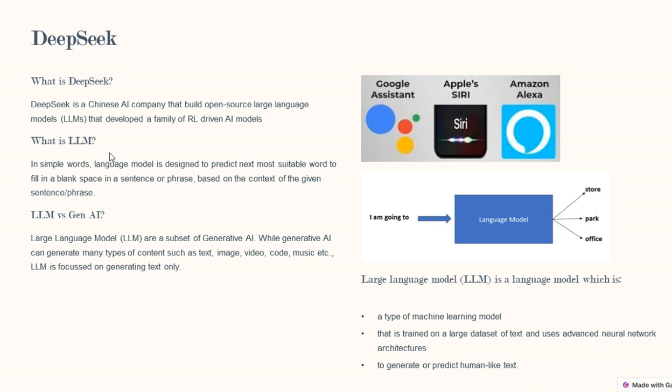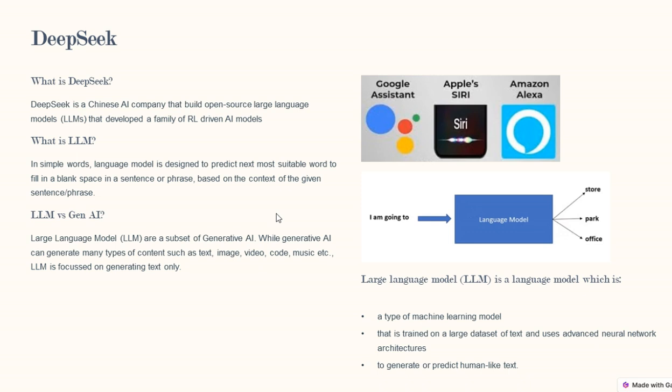In simple words, a language model is designed to predict the next most suitable word to fill in a blank space in a sentence or a phrase. You might have come across LLMs many times, in the form of Siri, Alexa, or Google Assistant. In fact, LLMs are designed based on artificial neural networks, and most of these large language models are based on transformer based models.